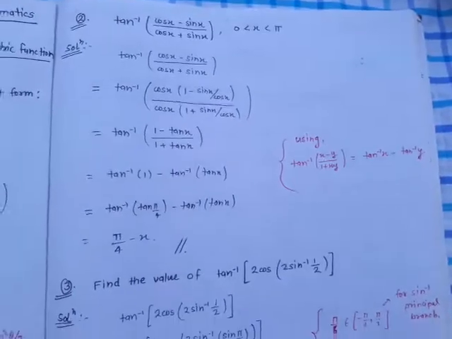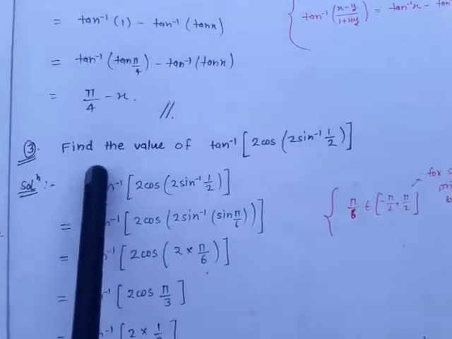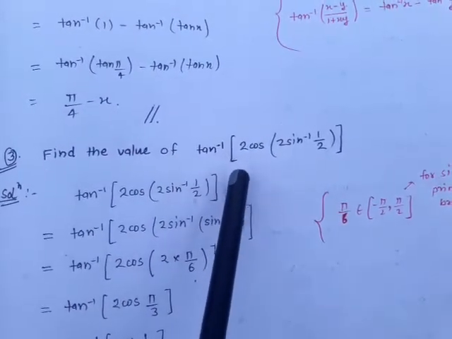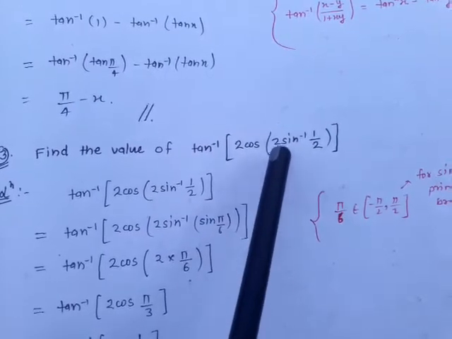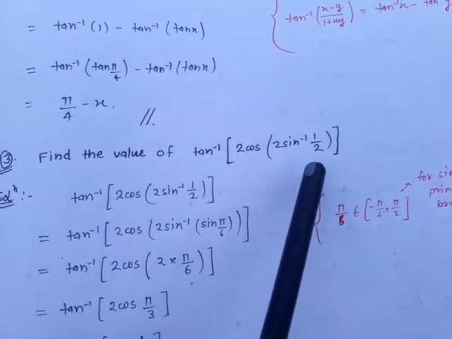Now we move to a different type of question. Find the value of tan inverse in bracket 2 cos in bracket 2 sin inverse 1 by 2.